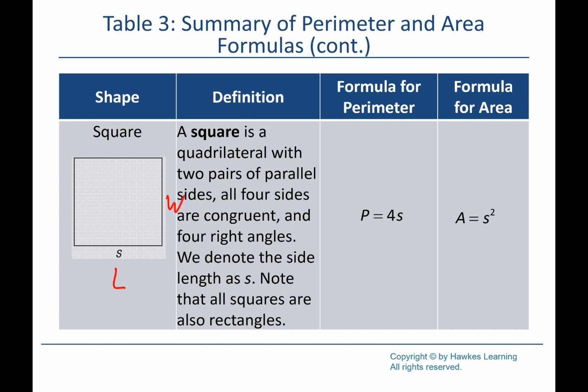It is a rectangle, so you can still do length times width. But if we know all the sides are the same, we can just do one side squared. So like here it would be s squared. That's the same thing as doing length times width.